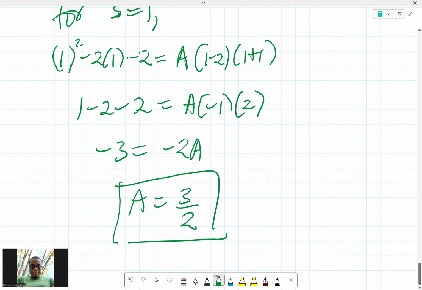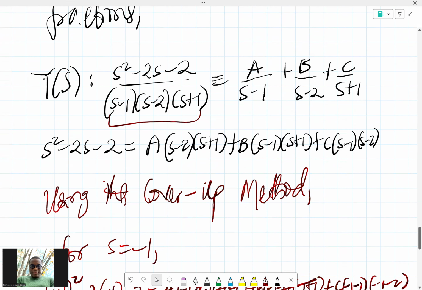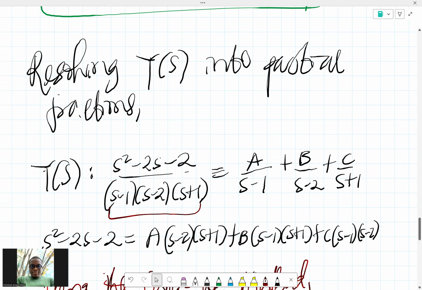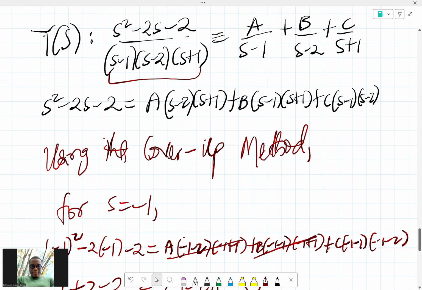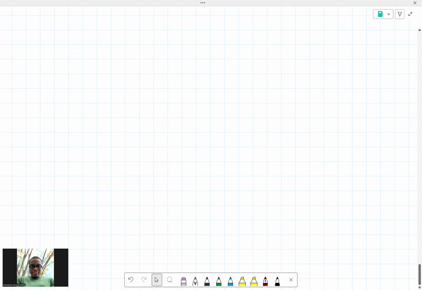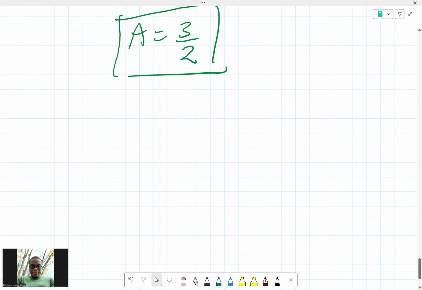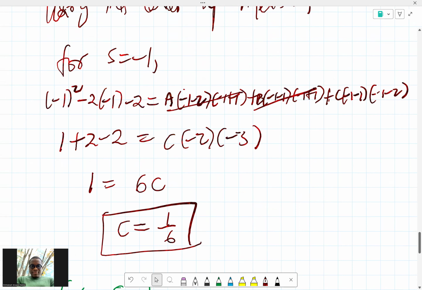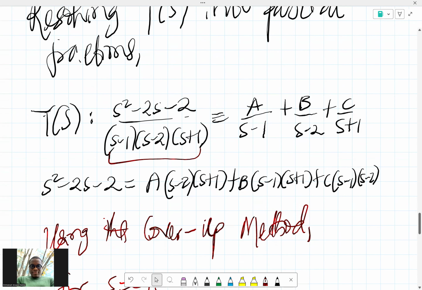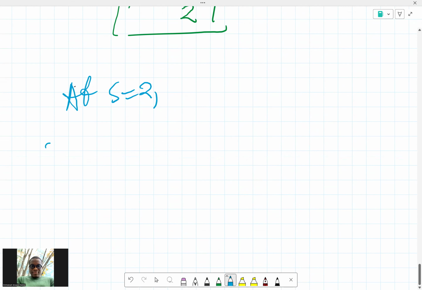We have that. Then the other one, if we put s to be 2, we can also eliminate a and c, and we have b. So at s equals 2, on the left hand side we have 2 squared minus 2 times 2 minus 2, right?